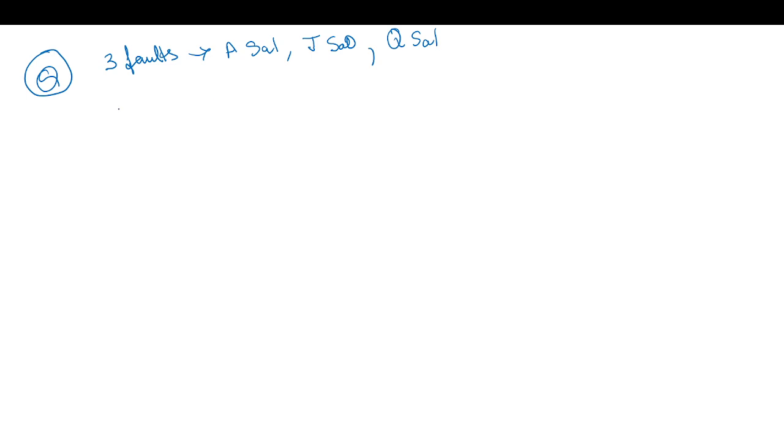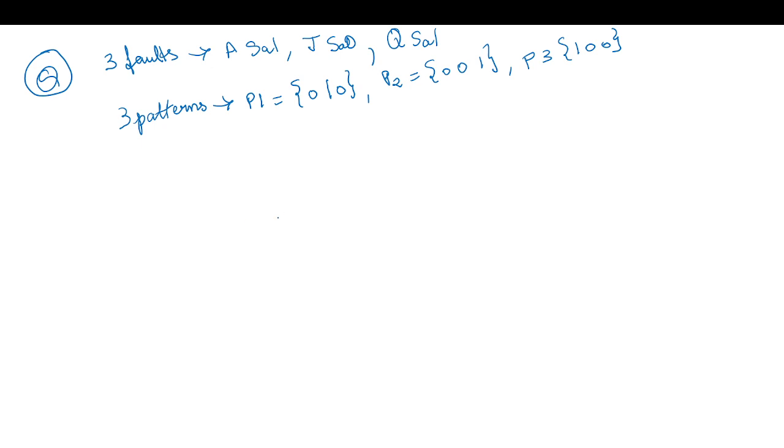We apply three patterns: P1, which is 0, 1, 0; pattern P2, which is 0, 0, 1; and P3, which is 1, 0, 0. Consider that the good output is 1, 1, 0.